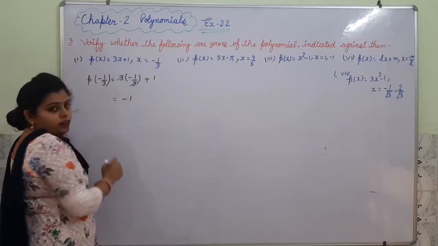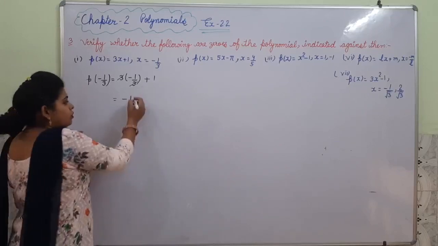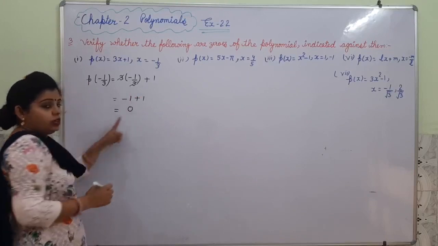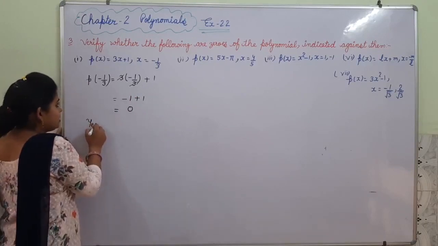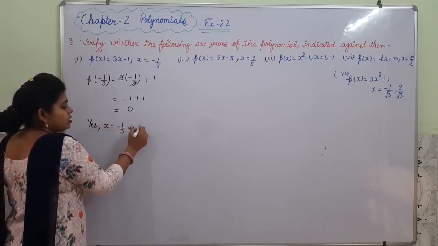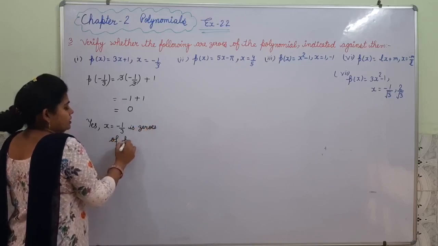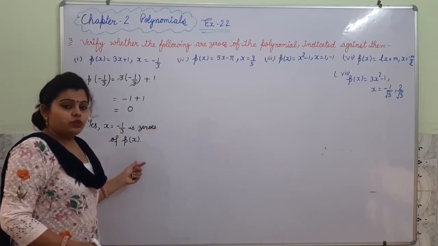Minus 1, and after this plus 1, and on solving it, what are we getting? 0. If we are getting 0, then what will we write? Yes, x is equal to minus 1 by 3 is a zero of P of x. Like this we will do these questions.